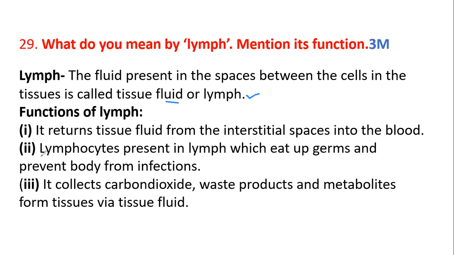Lymphocytes are the WBCs where the antibodies are produced, which kill the germs that enter our body. Some of the lymphocytes are present in lymph also. They help us stay infection free.